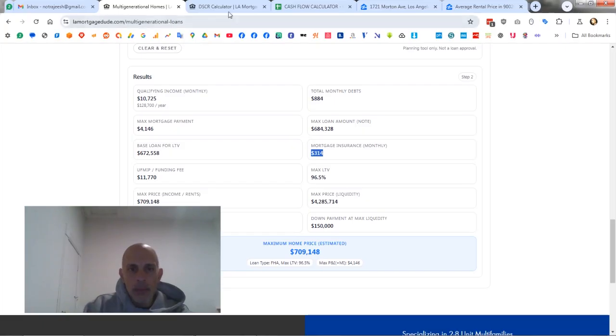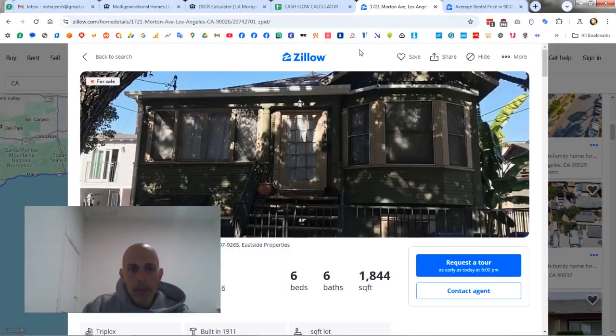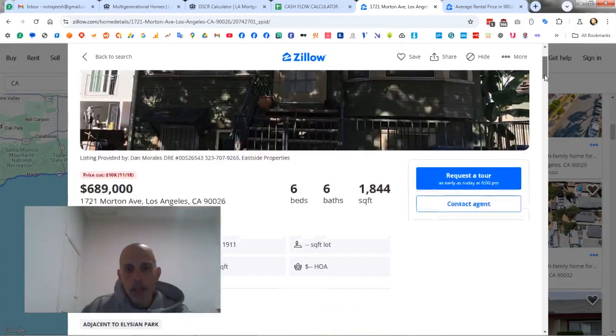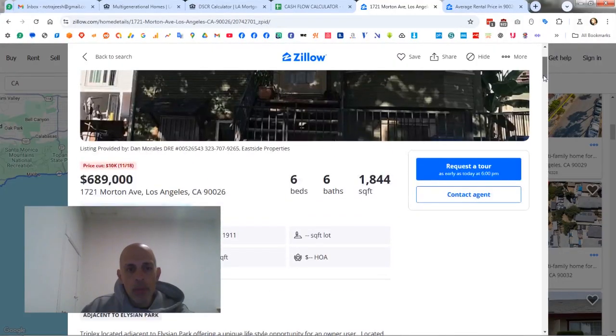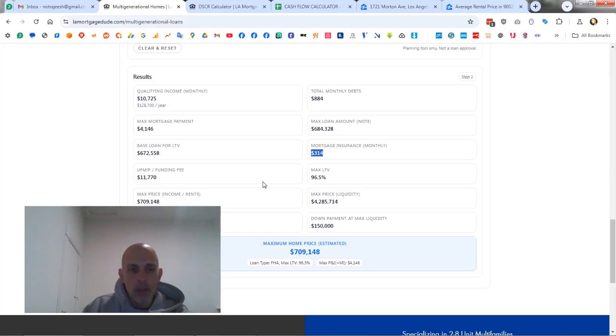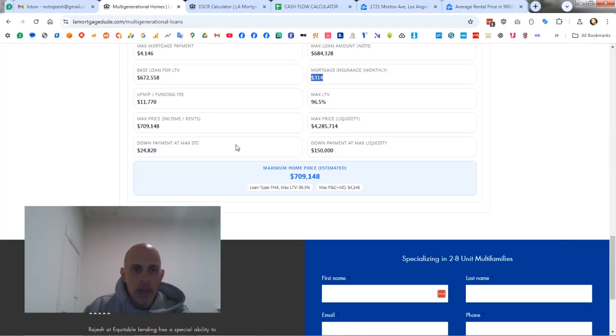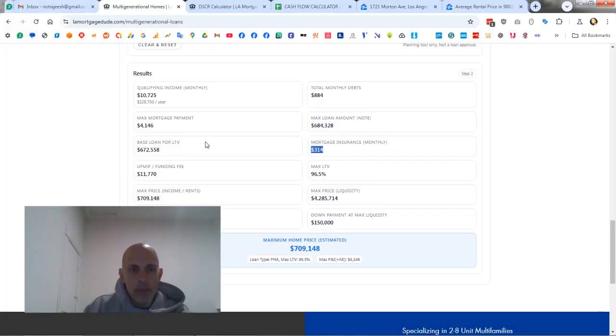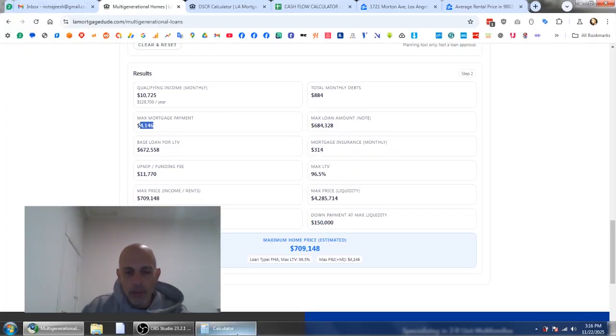And that means even as an owner-occupied property, this property is a winner, $689,000. You're getting it cheaper than your max purchase price, and your max mortgage payment, these are P&I payments, by the way, is $4146, right?